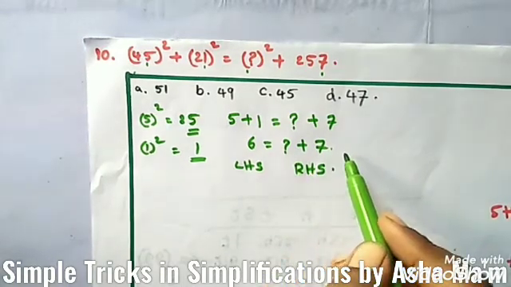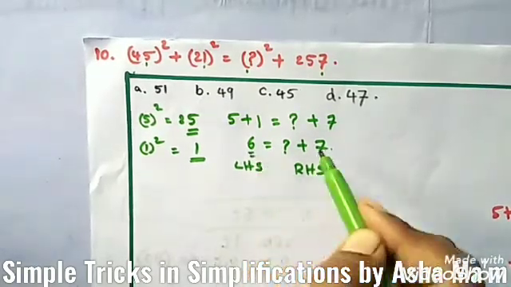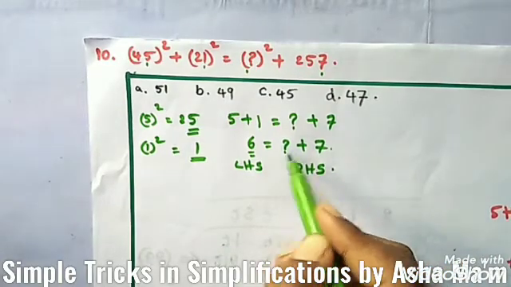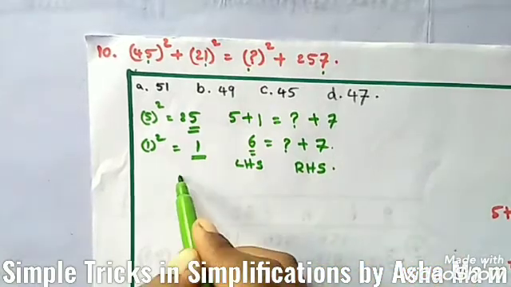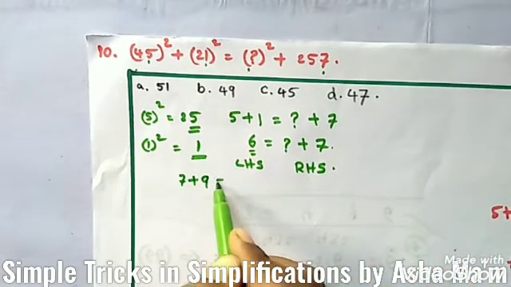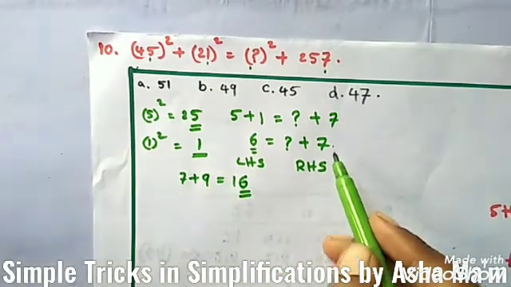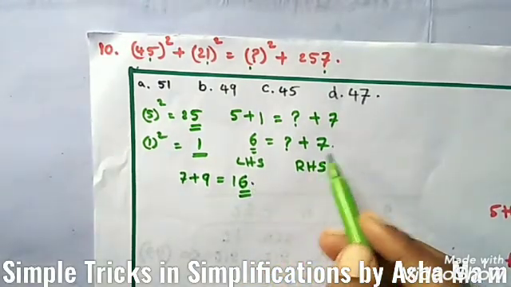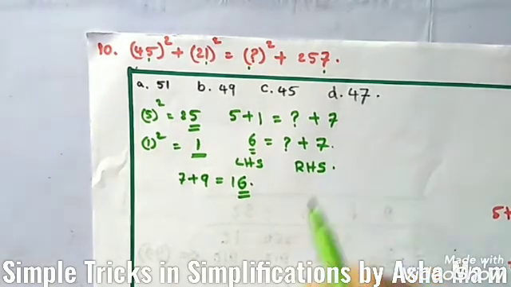You need to get 6 in RHS, that is last digit. So here is the 6, and if you add some other number to this 7, you should get 6 in RHS also. For example, if you add 9 to this 7, you should get 16. 6 is there in the last digit, units digit.